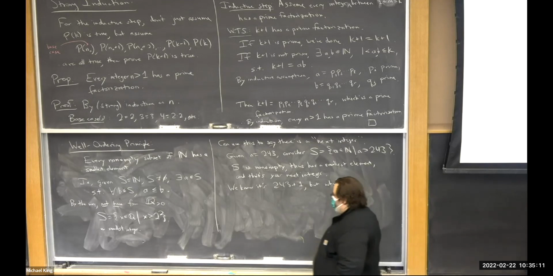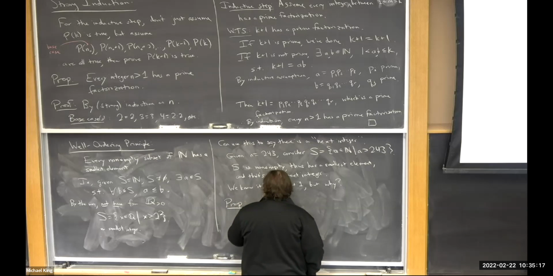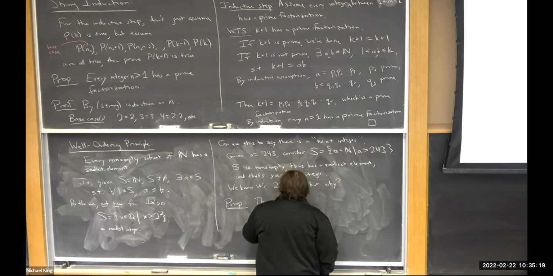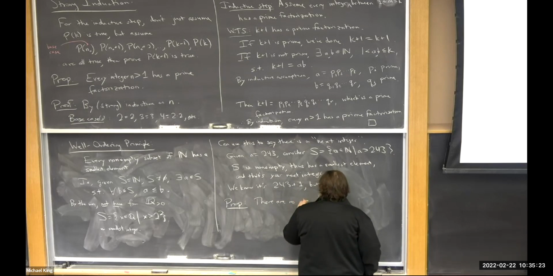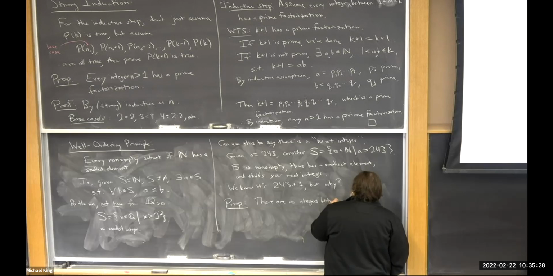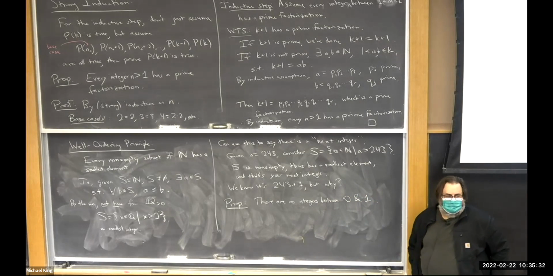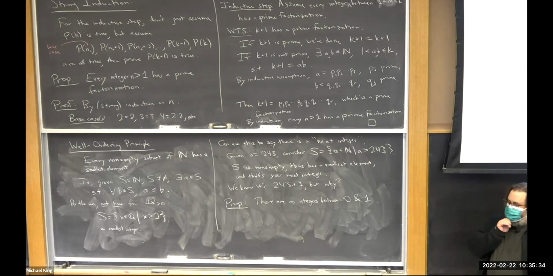So here's a proposition that's going to seem really obvious, but there's nothing in the axioms that tells us this. There are no integers between 0 and 1. It seems like a really silly thing. We know that's true; we know it so deeply in our bones.